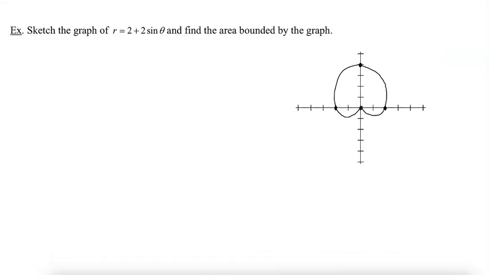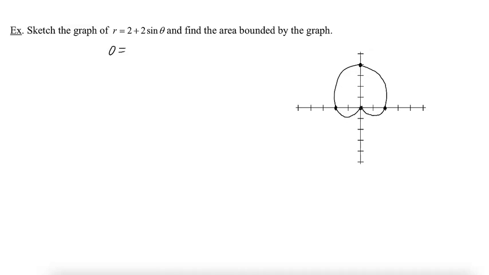Okay, but I'm looking for the area enclosed by this entire figure. So what I would like to know is, what angle do I need to encompass? How many radii do I need to add together? What I like to do is I like to pick a point. I would like to choose 0 because 0 is usually easier to solve for.